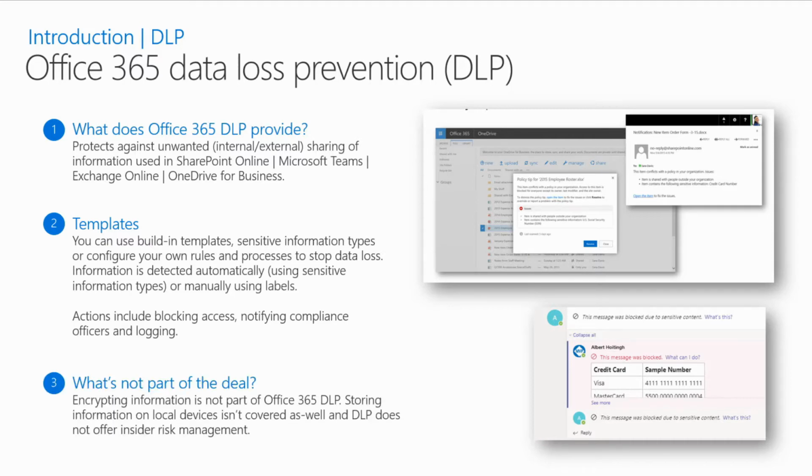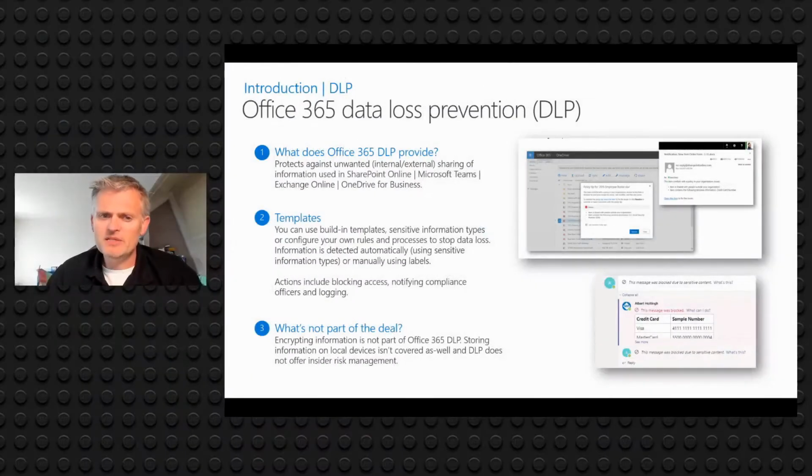Okay, so what's not part of the deal? This might be a bit complex, but we are talking about data loss prevention, and data loss prevention does not provide, for example, encryption. It doesn't include insider risk management options. There are different alternatives for that in Office 365.